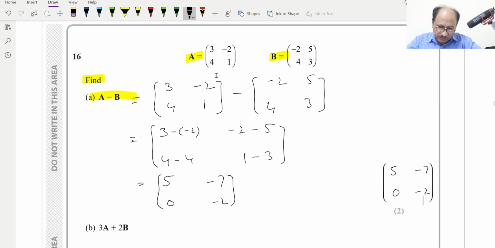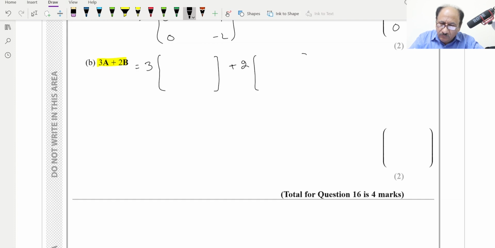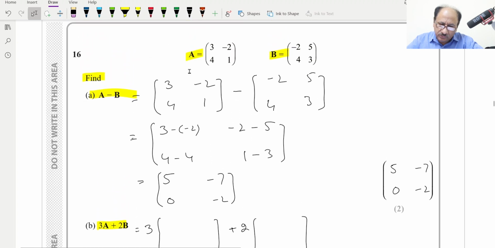Then the next part, they're saying 3A plus 2B. 3A plus 2B we have to write, so we will write 3 into A value over here and plus 2B value we will write over here. Now we will check what the A and B values are.